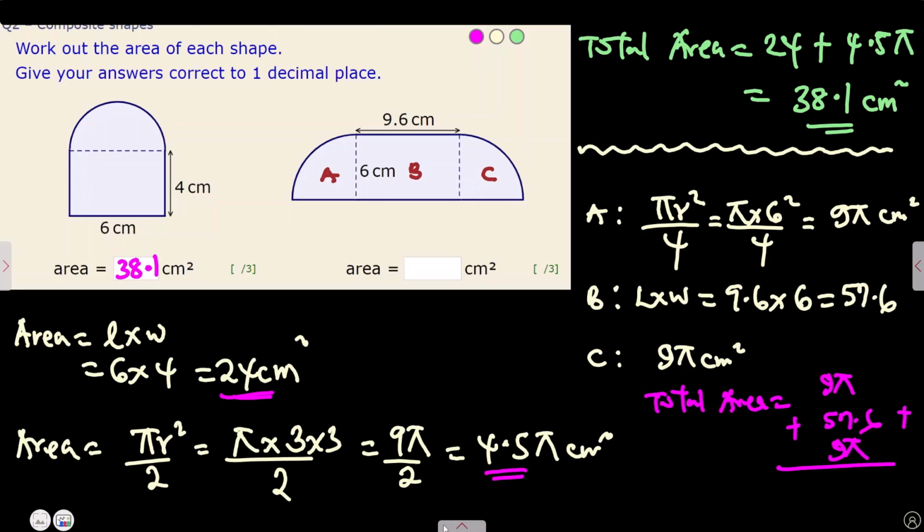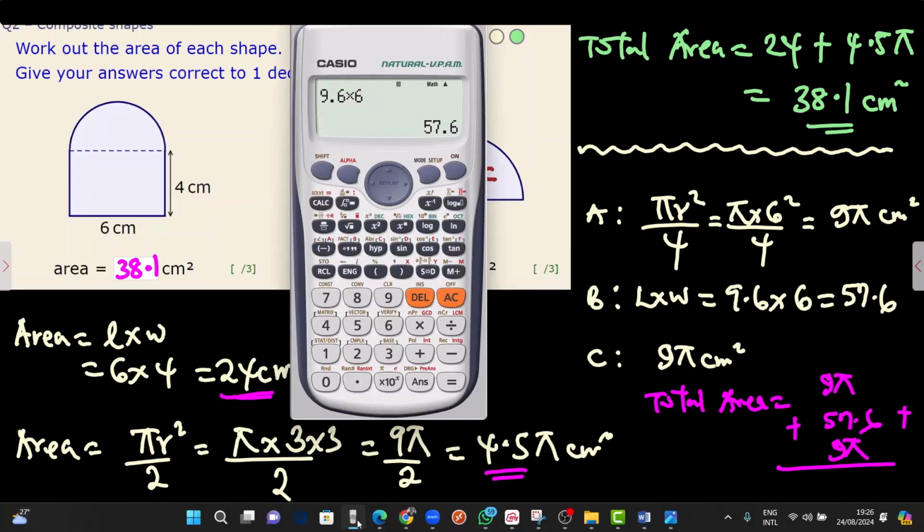If you add it up, 9 pi plus 9 pi plus 57.6, you find that the answer is going to be 114.14, but if you leave it to one decimal place, that will be 114.1.